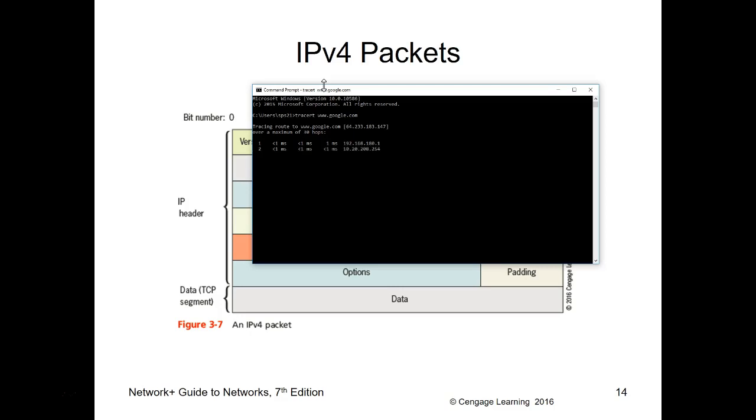Trace route says, I'm going to take advantage of that time to live. Remember those pings we sent out earlier? That ping said, I'm going to find the DNS server for google.com, and I'm going to send one message out and see if I get a response back. This is doing something similar. What it first does is send out a ping with a time to live of 1.